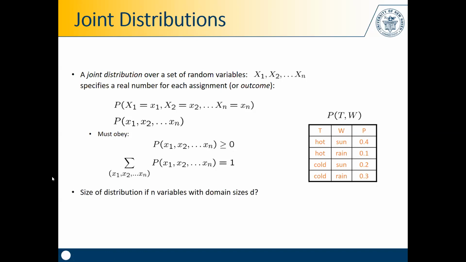Now, I have a question for you. What would be the size of the joint distribution table of n variables with each having a domain size of D?